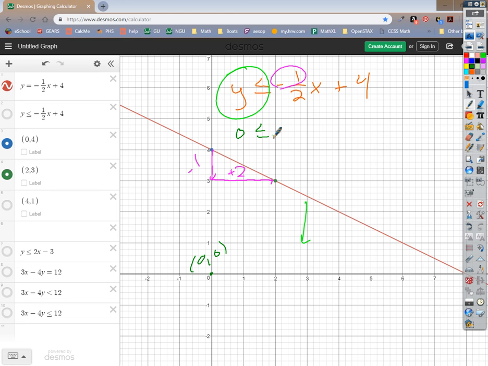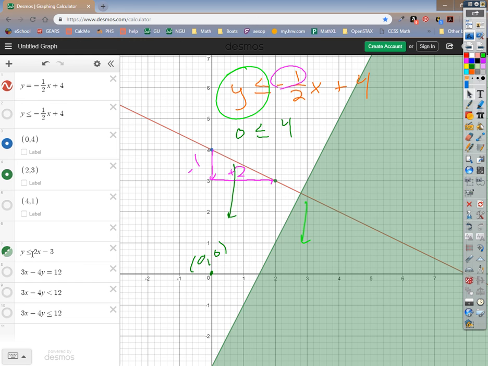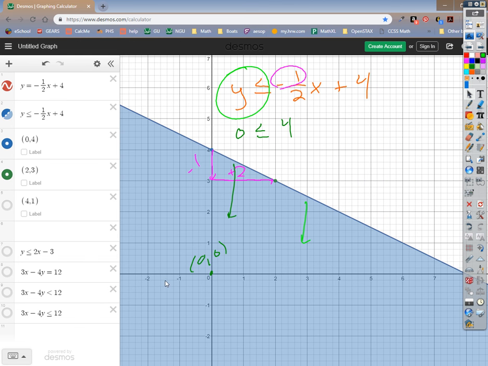If I plug 0 in for x, what's negative 1/2 times 0? 0. So I could just eliminate any term with an x or a y, and I just get a 4 on this side. Is 0 less than or equal to 4? Yes, it is. So that tells me that the test point has to be included, so I'd shade towards the test point. Right? Either way, this is what I should get. Right? Okay.